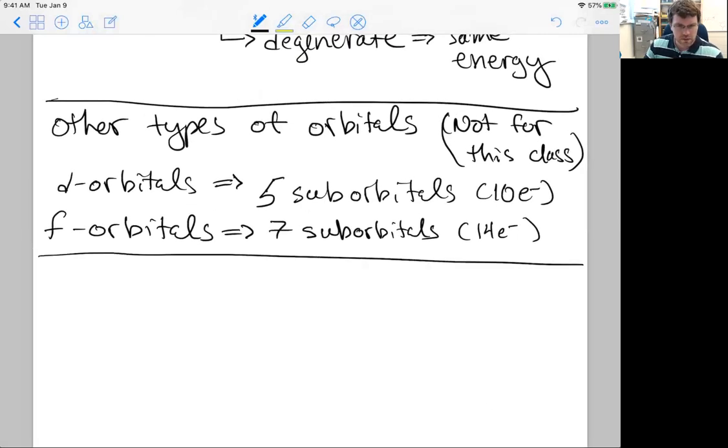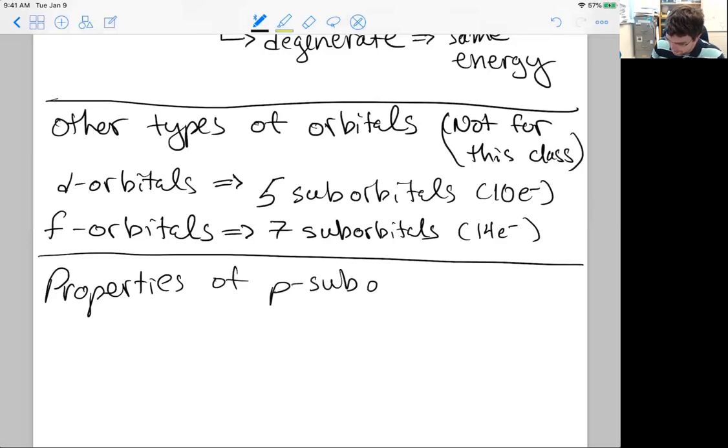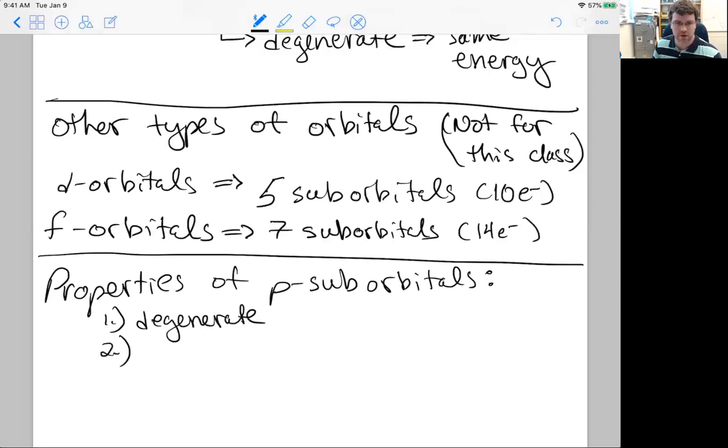Let's just finish really quick with properties of the p suborbitals. Number 1, they're degenerate. That's an important thing to carry with us. They have the same energy. Number 2, they have the same shape, but with different orientations.